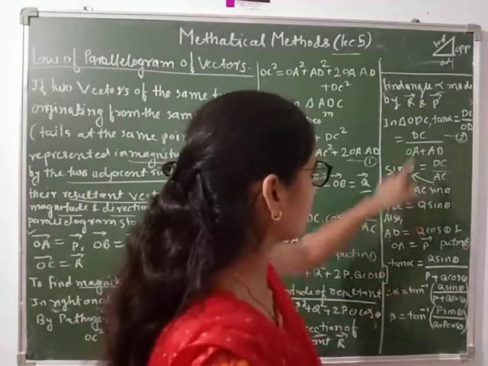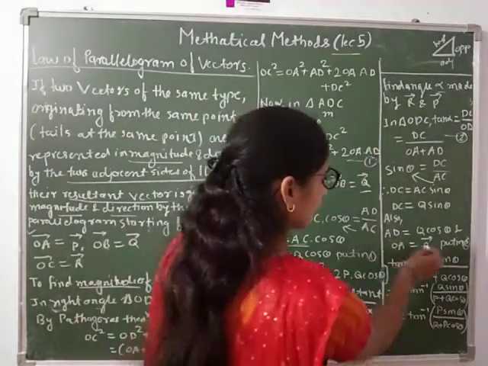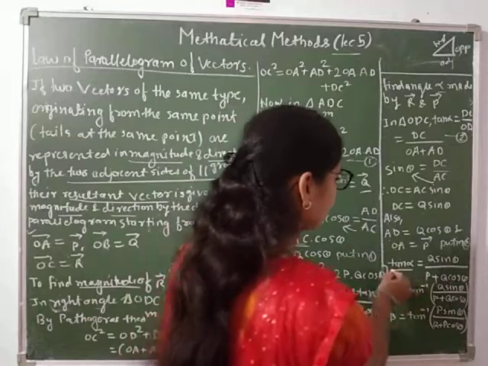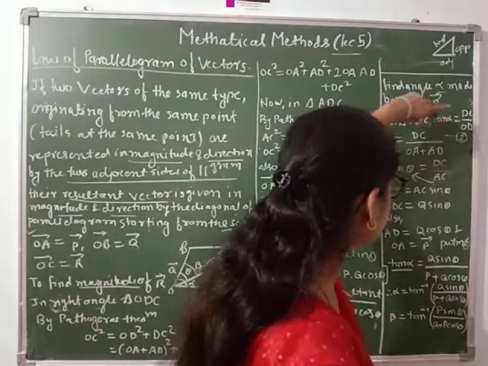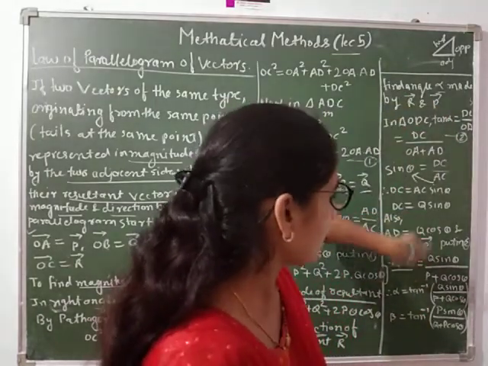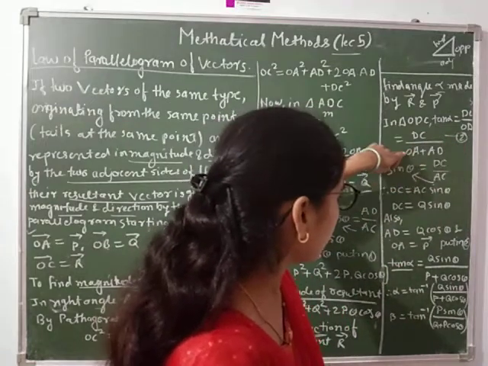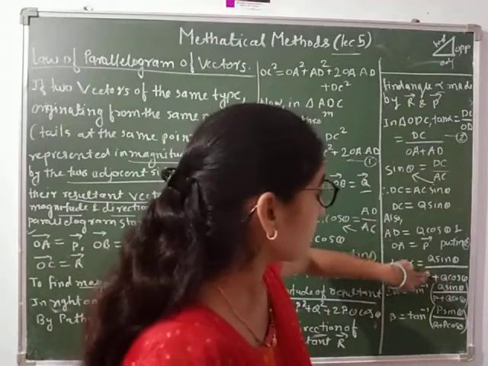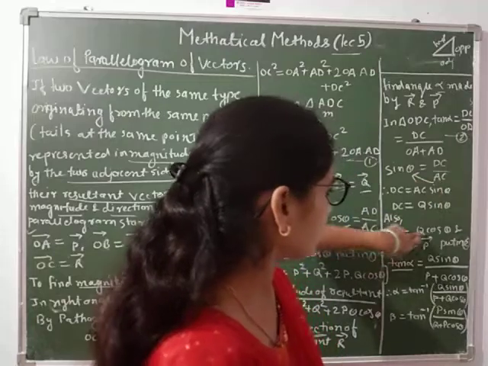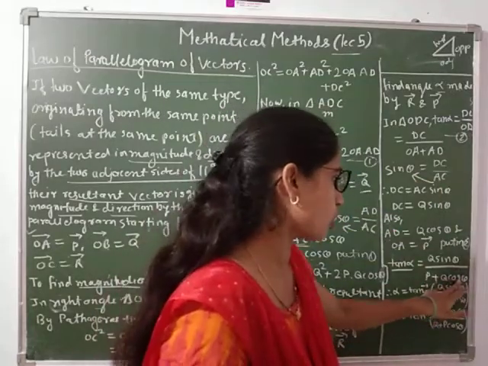Now put this value into equation number 2, and OA is equal to vector P. Then tan alpha is equal to DC, our Q sin theta, upon OD. OD is OA plus AD, OA is vector P, plus AD, which is Q cos theta. So P plus Q cos theta.